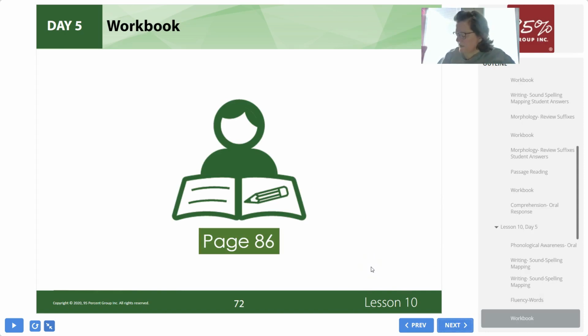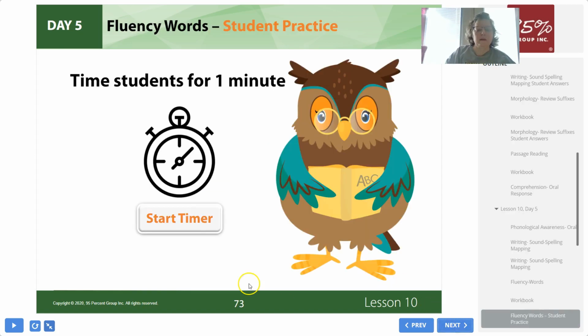Next, turn to page 86 in your student workbook, and when I say begin, point to the first word. Begin whisper reading across the page. If you finish before I say stop, start at the top and read the words again. Begin to read.